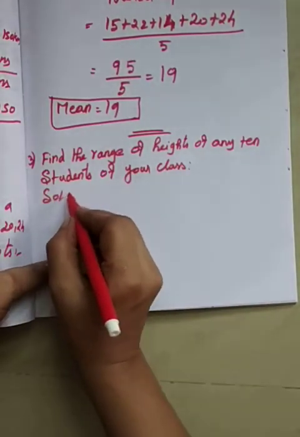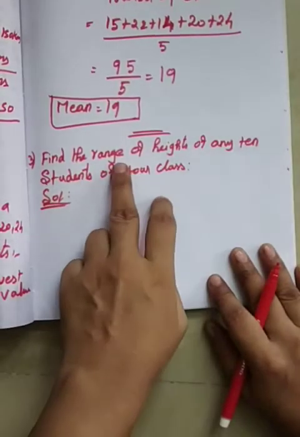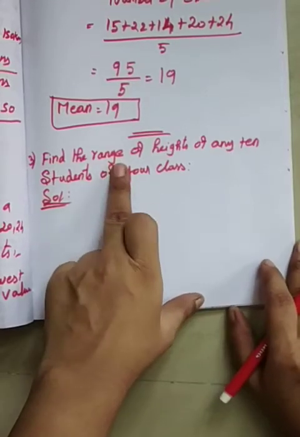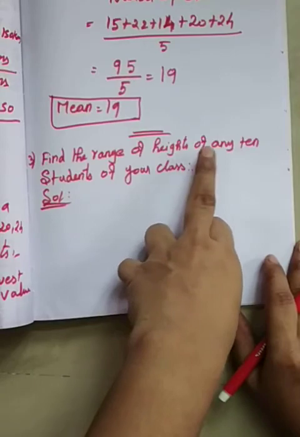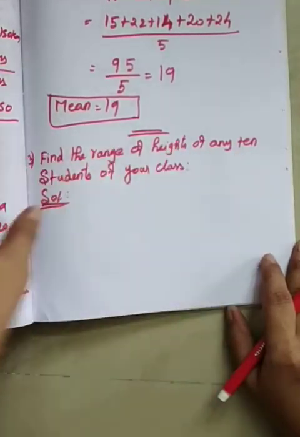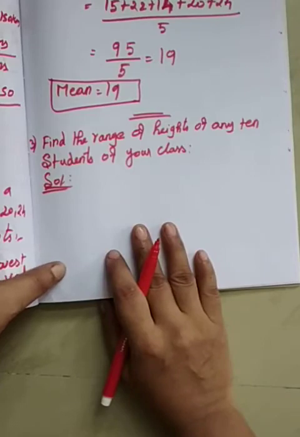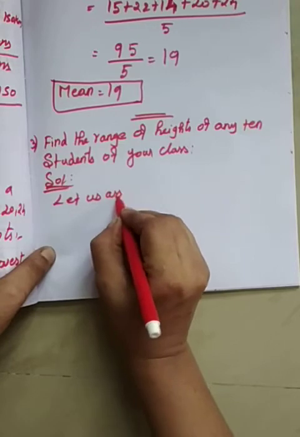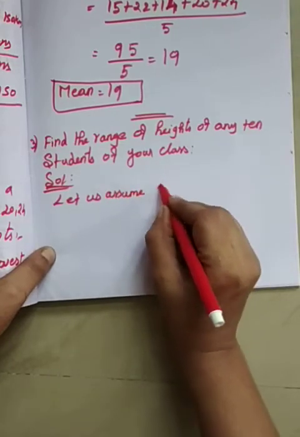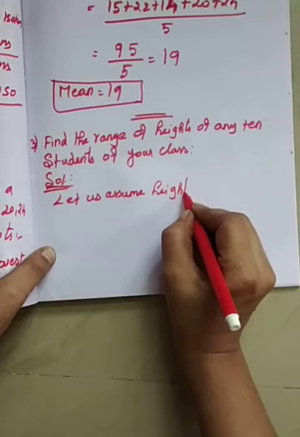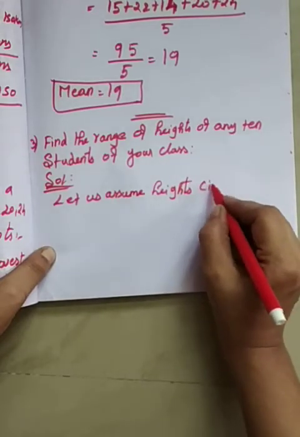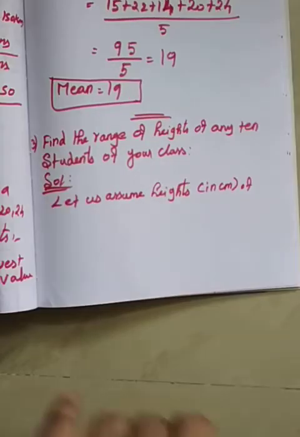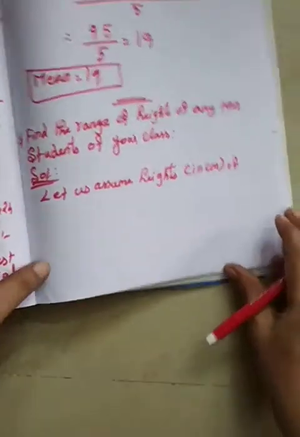Okay, see, your question is find the range. Range means, everybody knows, highest value minus lowest value, right? See, find the range of heights of any 10 students of your class. Okay, now let us assume the heights first, in centimeter, of 10 students.